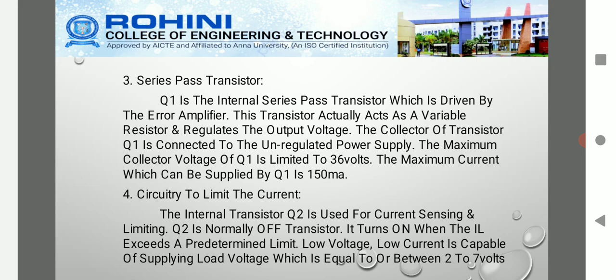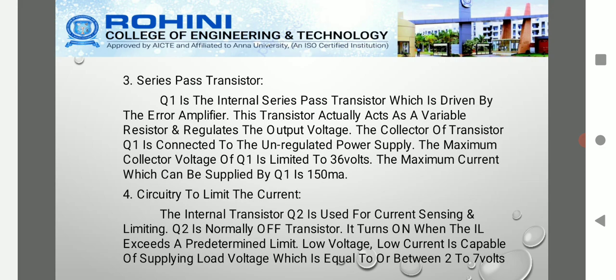And in the case of the series pass transistor, this is driven by the error amplifier, which is acting as a variable resistor, and also it regulates the output voltage. So mainly it is connected to the unregulated power supply. From that it is given to the circuitry for limiting the current. This senses how much current is needed.